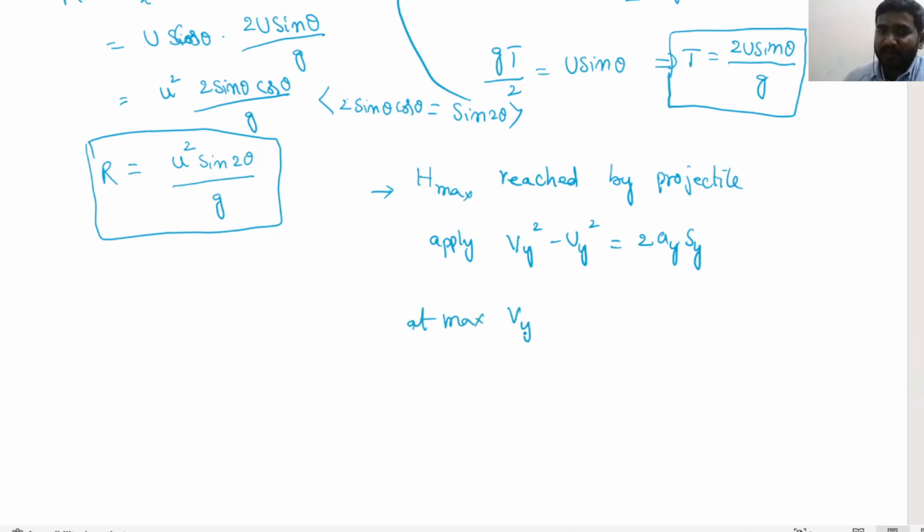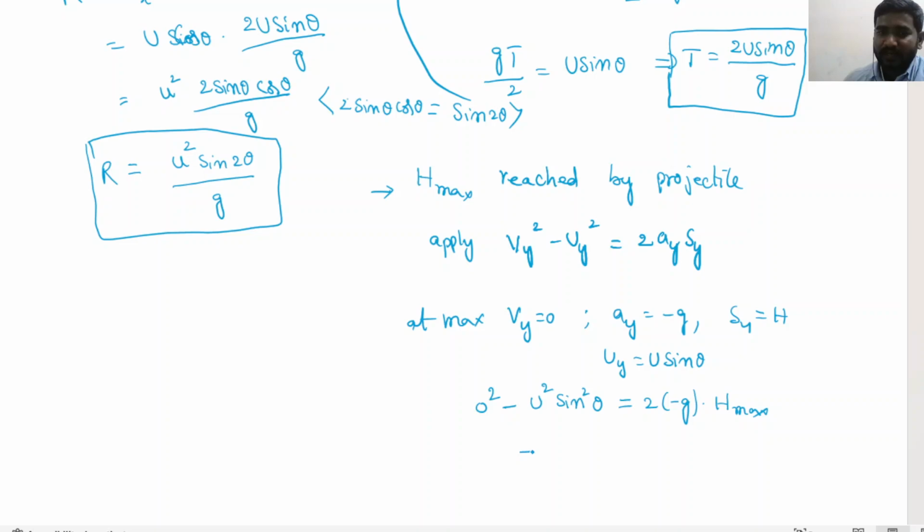At maximum height, vy equal to 0, and ay equal to minus g, sy equal to capital H, and the initial velocity along the y direction is uy, which is nothing but u sin theta. Substituting these parameters: vy square is 0 square, minus uy square is u square sin square theta, that must equal 2 times the acceleration, which is along the minus y direction, and the displacement you can take as the maximum.